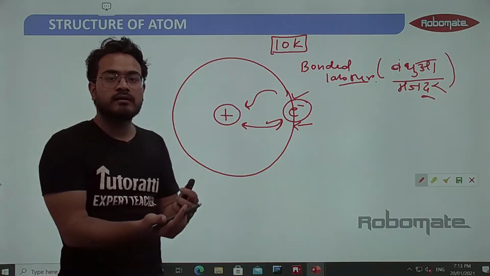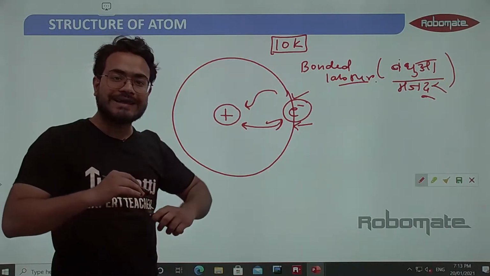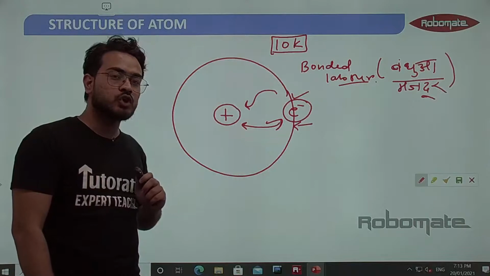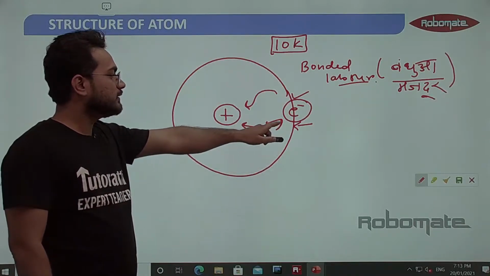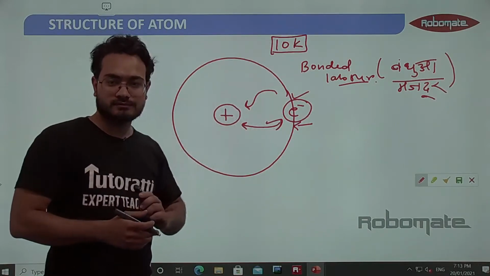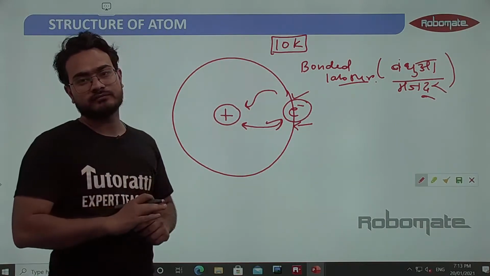What is the way in which you can free the electron? Or I can rephrase the question: how much money should you give to the electron so that the electron will be free from the clutches of the lala, that is the nucleus?